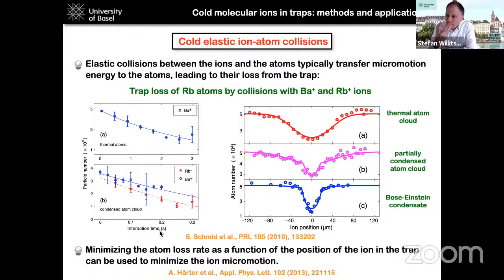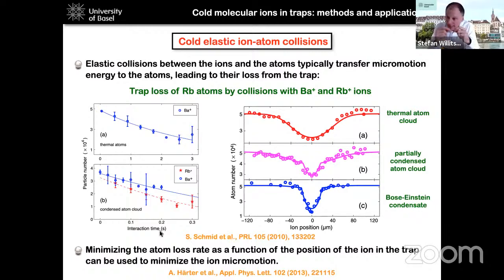And one can then see that the number of atoms decreases as a function of the interaction time with this barium ion. So what happens here is that we have collisions between the atoms and the ion in the trap. And the atoms are usually much colder than the ions in the trap. And moreover, the ions also have micromotion. We have already briefly touched upon this last time. This is this fast oscillating motion that an ion assumes in an RF trap.